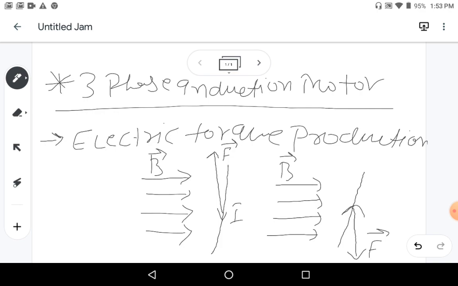According to Faraday's law, we know that when a current carrying coil is placed in a magnetic field, then the coil feels a force. The value of force F equals BIL Newton. Actually, B is a vector quantity and I is also a vector quantity, and L is the length.